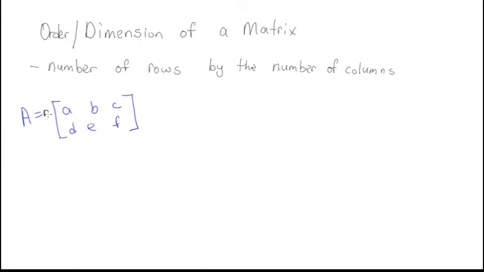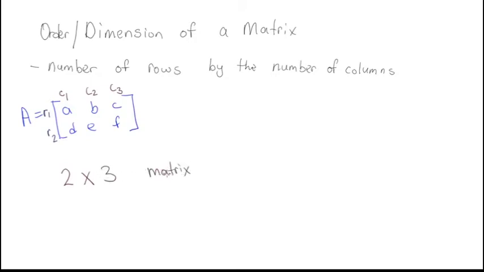So we have one row, two rows. We have one column, two columns, three columns. So the order or the dimension of this matrix would be a 2 by 3 matrix.